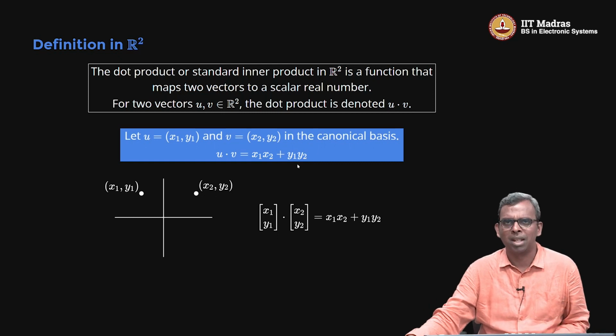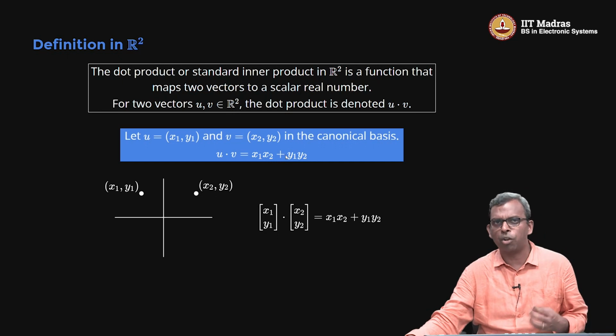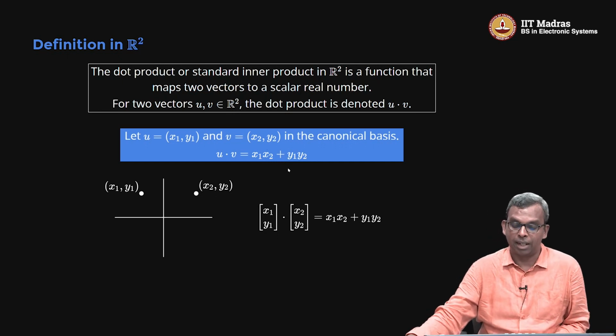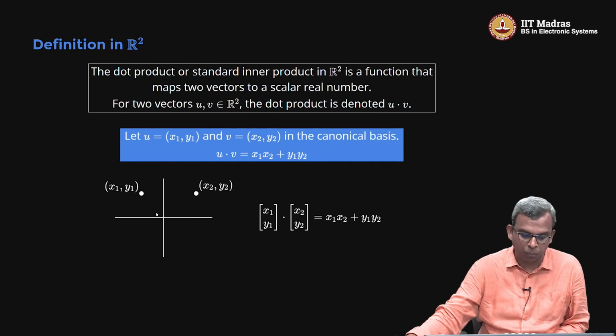It seems like some regular definition, but we will see that this definition has a lot of powerful, interesting properties and it helps us solve a lot of interesting problems. If you want a picture, (x1, y1) is here, (x2, y2) is here. These are the two vectors in the coordinate notation. If you do (x1, y1) dot (x2, y2), you are going to get x1 x2 plus y1 y2.